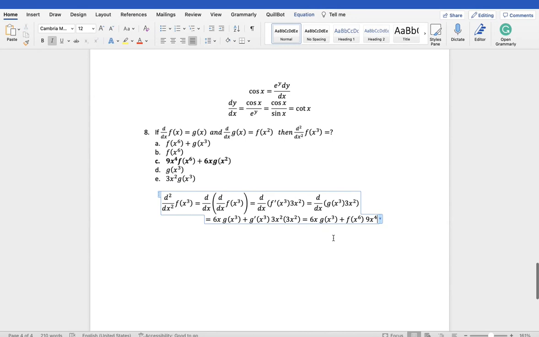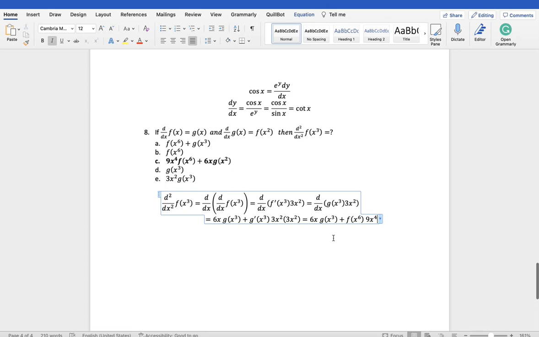I saw that in your test, there was a mistake, I think. One of the options given was 9x to the 4 f of x to the 6 plus 6x g of x squared.